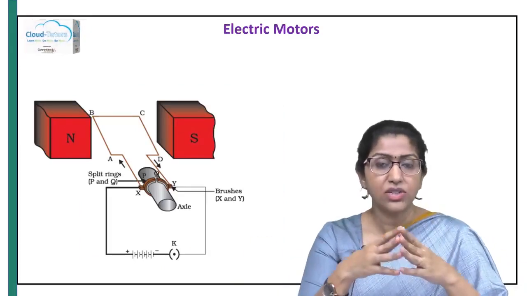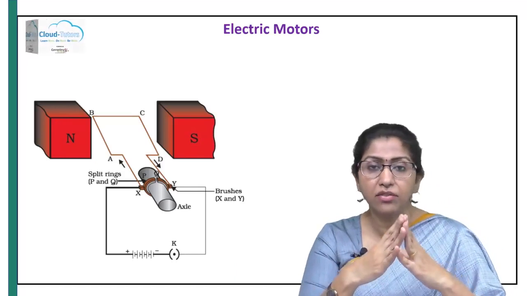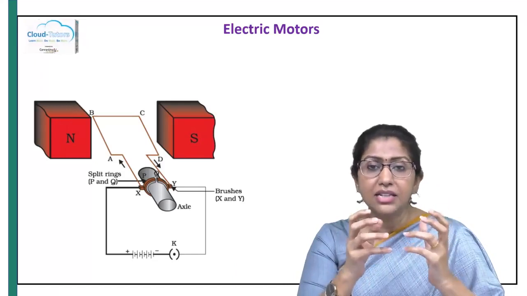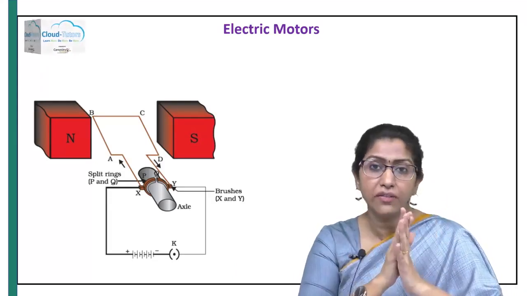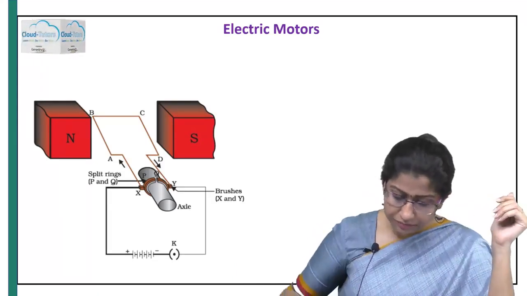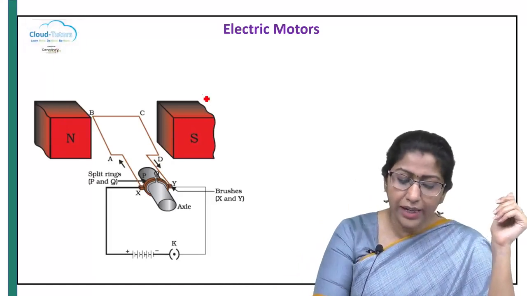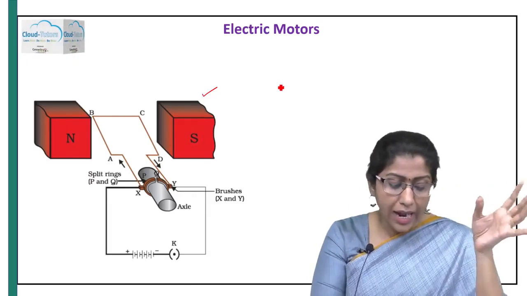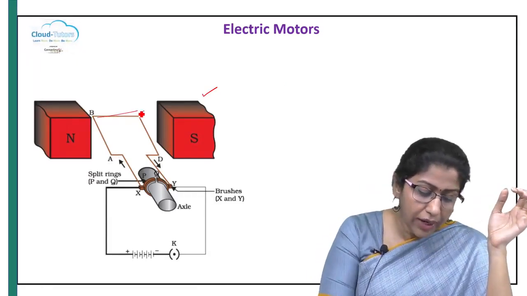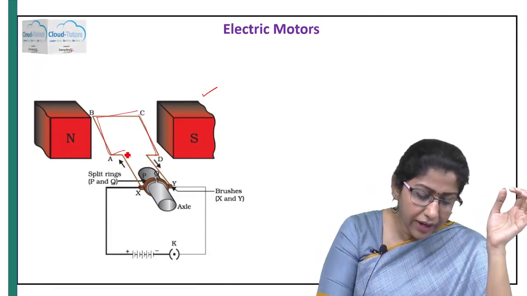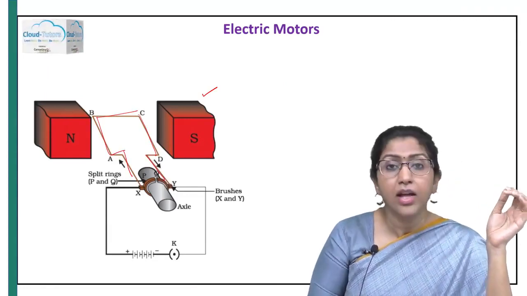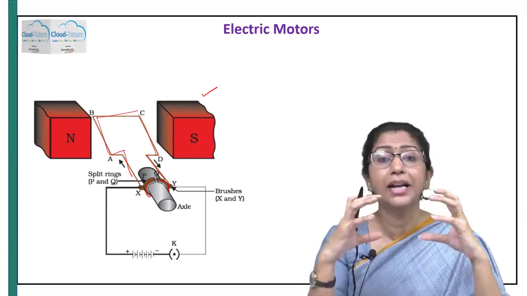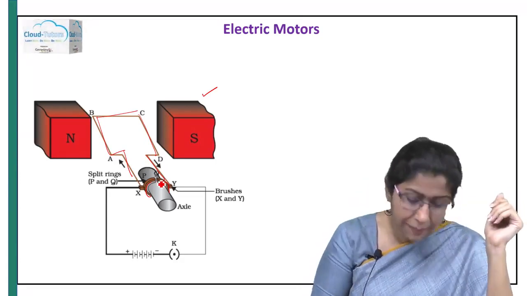As we have already understood the working principle of an electric motor, let's understand some details of its construction. As you can see here, the setup contains a strong permanent magnet, and there is a copper coil in the form of a rectangle, correct? This rectangular coil is attached to a split ring. As you can see, there is a gap here, right?